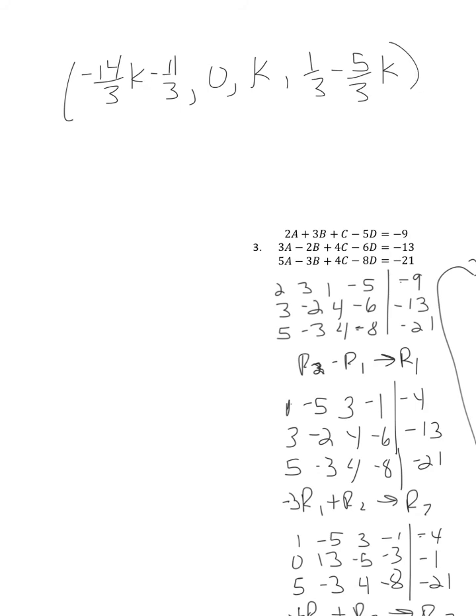Okay, we can stick anything we want in for k. So if k were 1, well, 0 is still 0. So if I stick a 1 in for k, I've got negative 14 thirds minus 11 thirds. That would be negative 25 thirds. And if I stick a 1 in for this k, it would be 1 third minus 5 thirds. That would be negative 2 thirds.